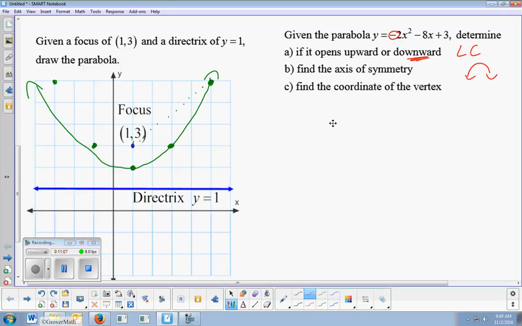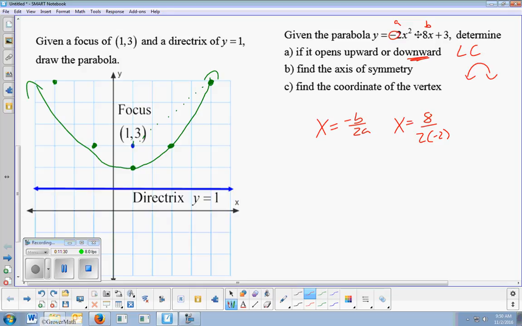Find the axis of symmetry. So the formula is x equals negative b over 2a. That's x equals positive 8 because here's your b term. And so negative b is like the opposite sign of b. So it's like negative 8, which is positive 8, over 2a, which would be 2 times negative 2 because your a term is here.